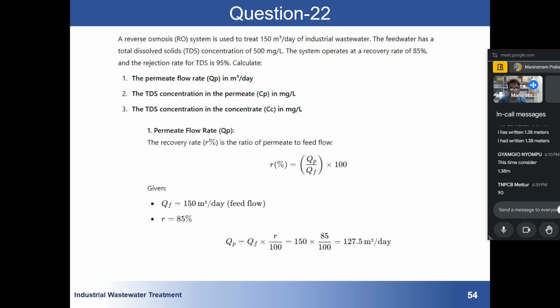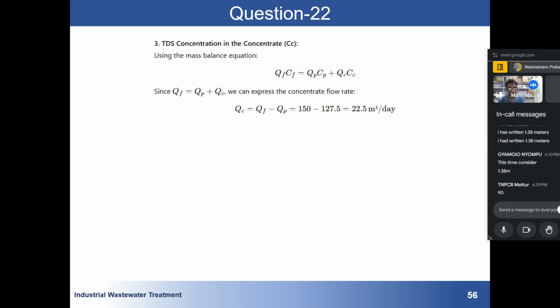Here also you can see that we are giving 150 meter cube per second and coming out in the permeate is 127.5. So what is happening to the extra? We know that when we treat it, there are two parts: there will be permeate and there will be concentrate. So our flow is bifurcating into two parts.